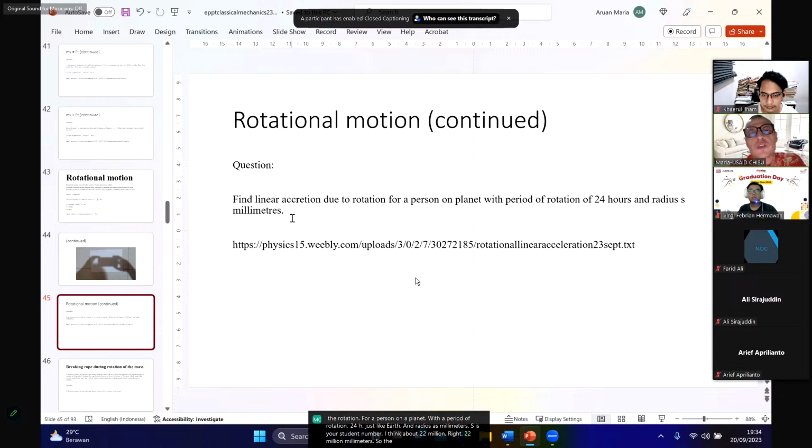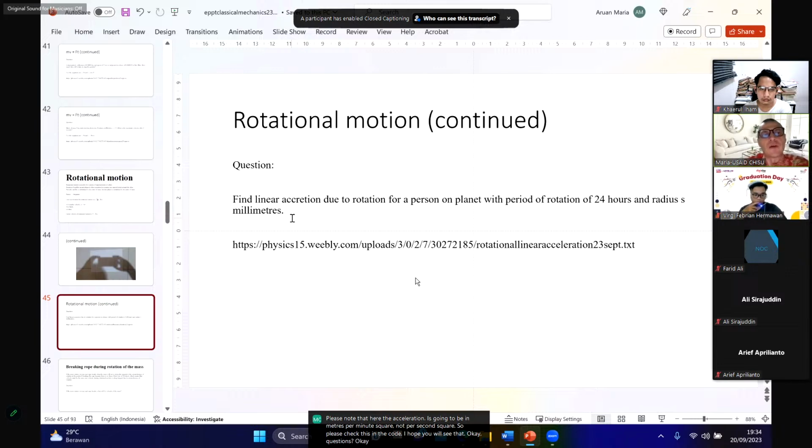So the code gives you the solution. Please note that here the acceleration is going to be in meters per minute squared, not per second squared. So please check this in the code. I hope you will see that. Okay, questions?